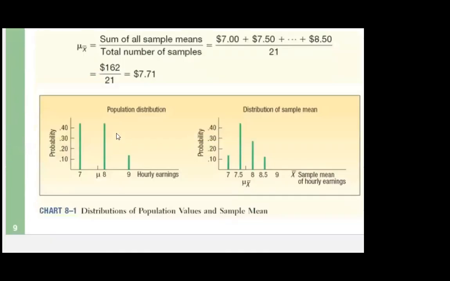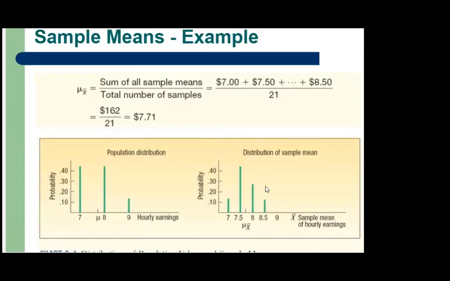So this is the original population values, and you can see that in the population we have, in fact, an abnormal distribution of data. After selecting our sample means, we somehow have a better normal distribution. Can we make this a better normality?